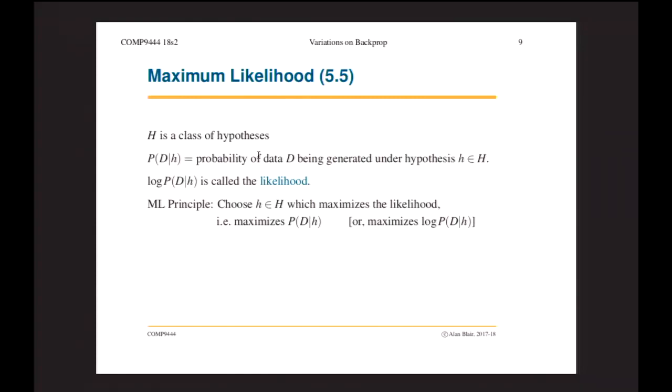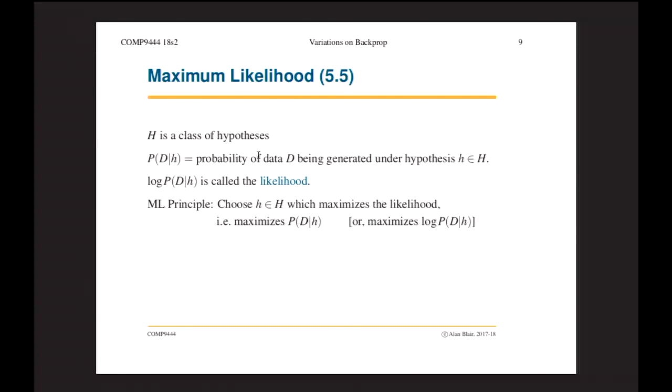The log of a probability is sometimes referred to as a likelihood. So the idea of maximum likelihood is, D is fixed. D is just the data that we observe. We can't do anything about D. But from a certain class of hypotheses, we want to pick the hypothesis that maximizes that log likelihood.